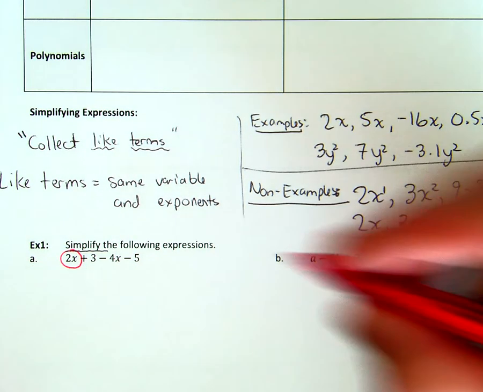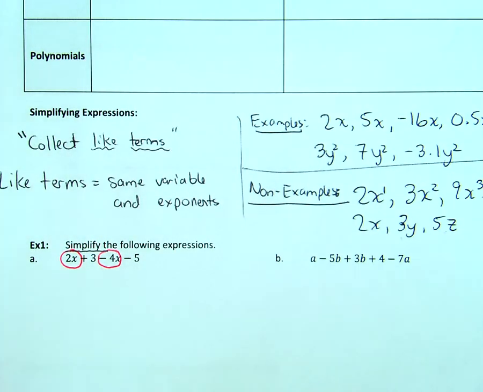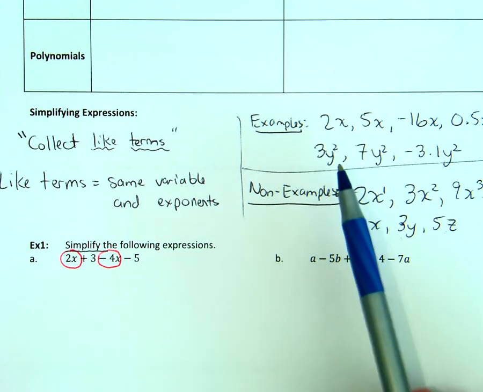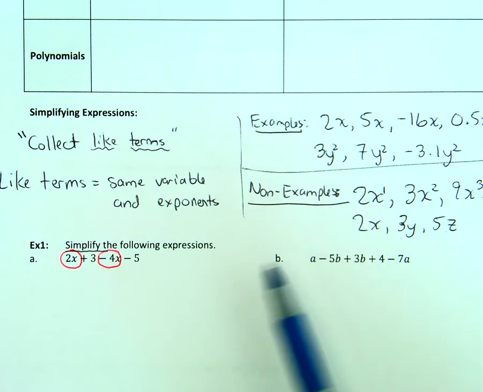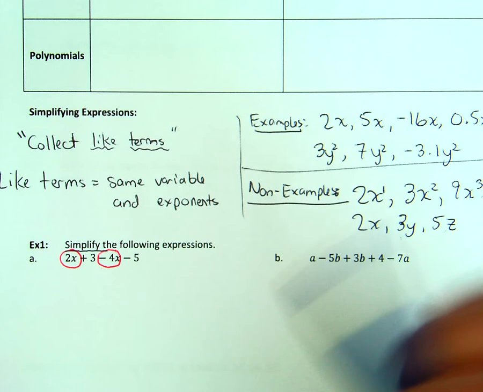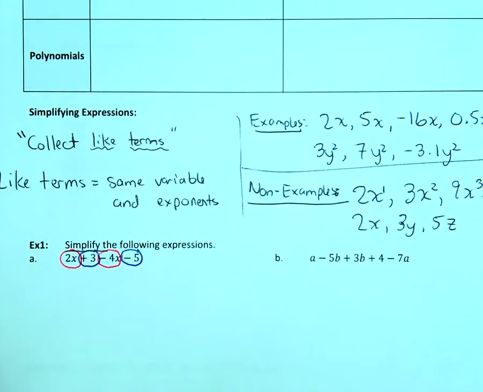So now I'm going to circle this guy. So those guys are like each other. They're like terms. I can put those guys together. I'm going to collect them. The other ones that are like each other, I didn't bring it up over here in the examples and non-examples, but this doesn't have a variable, and this doesn't have a variable, so they're like each other as well. So positive 3 and negative 5, those are like each other as well.